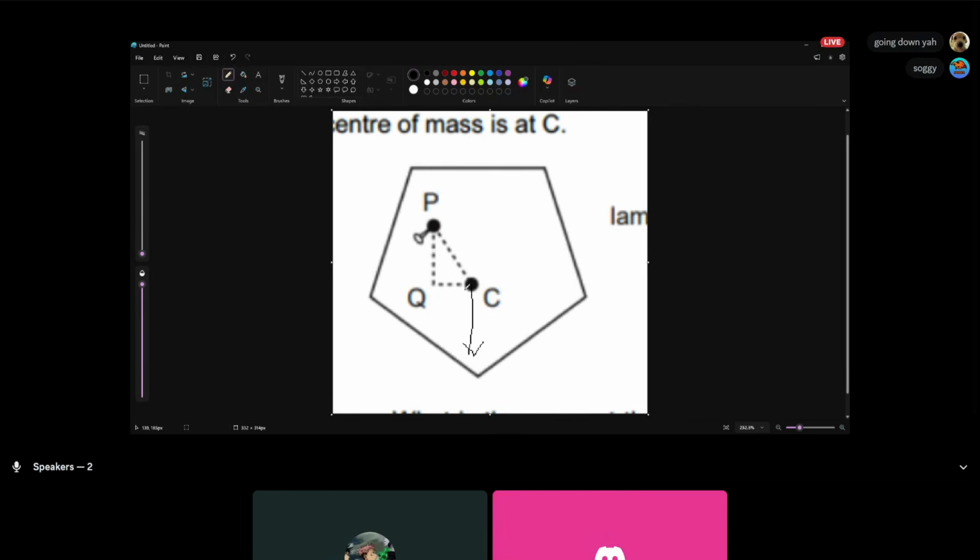Okay. Now we have to find the perpendicular distance, which is perpendicular to the force. The force is acting vertically, so perpendicular to that, the distance has to be perfectly horizontal. That's why we consider QC. We don't consider PC or PQ.